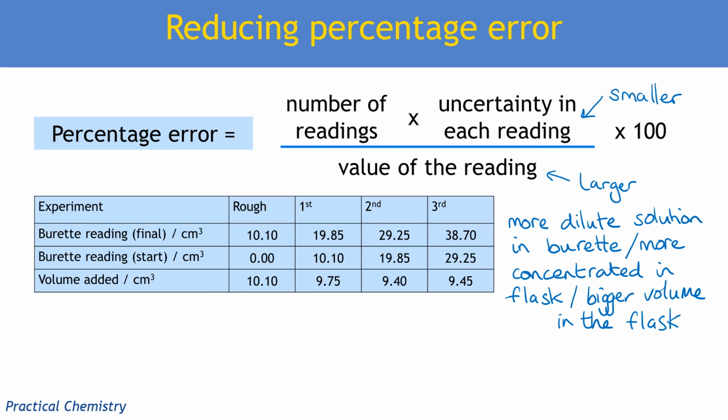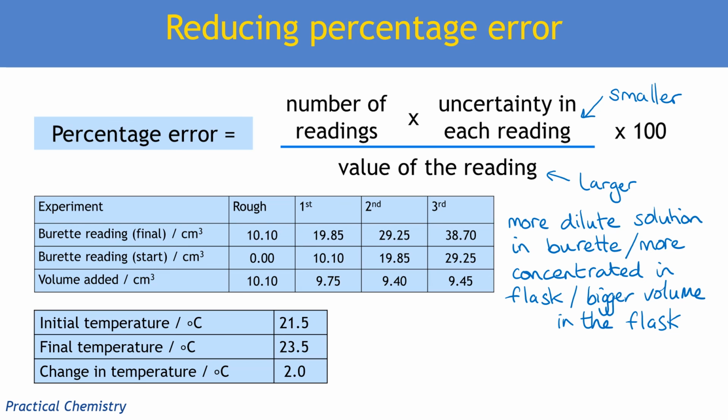Alternatively, for example, a temperature change. So temperature change in a chemical reaction requires us chucking in two things together, maybe an acid and an alkali, or maybe I want to add some magnesium to some copper sulfate, whatever, I'm measuring a temperature change.